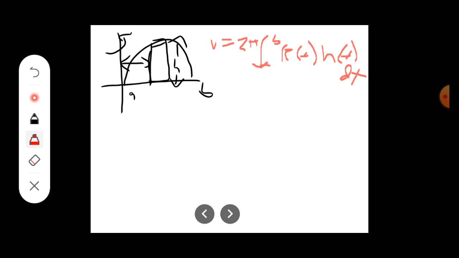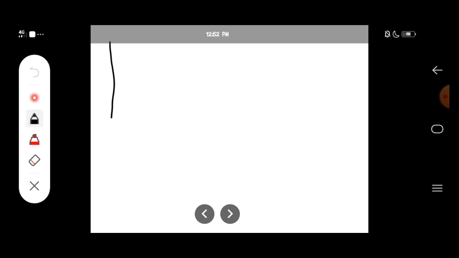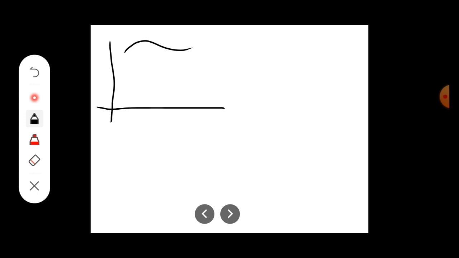And sometimes you have two curves as opposed to one. So let's call the top curve f of x and the second curve g of x. So we want to rotate it about the y-axis so that the rectangle is going to be parallel to the y-axis. Now the radius is still the distance between the rectangle and the axis of rotation.